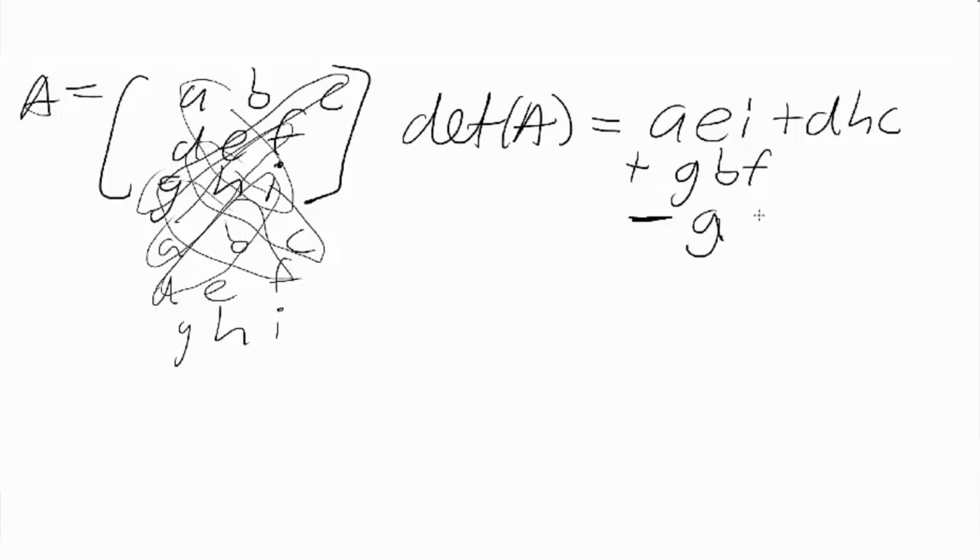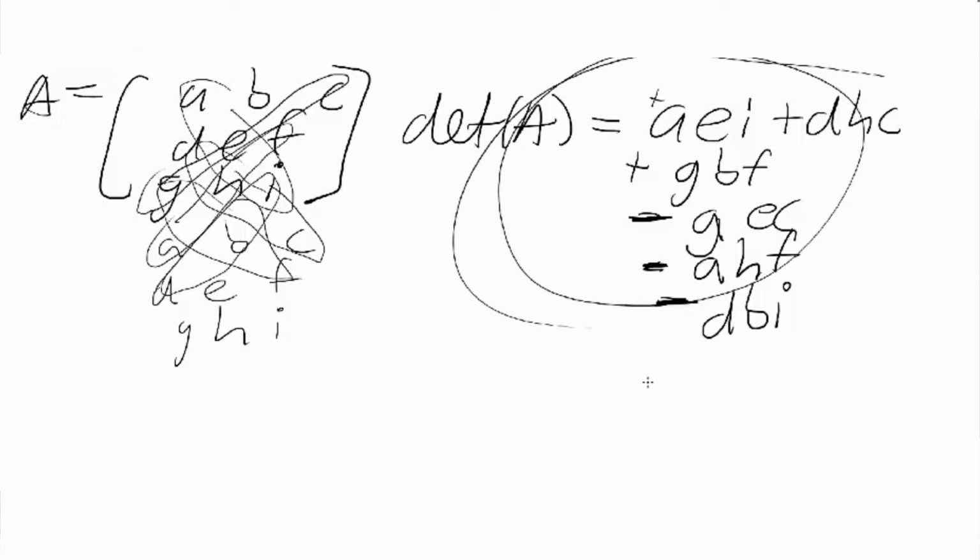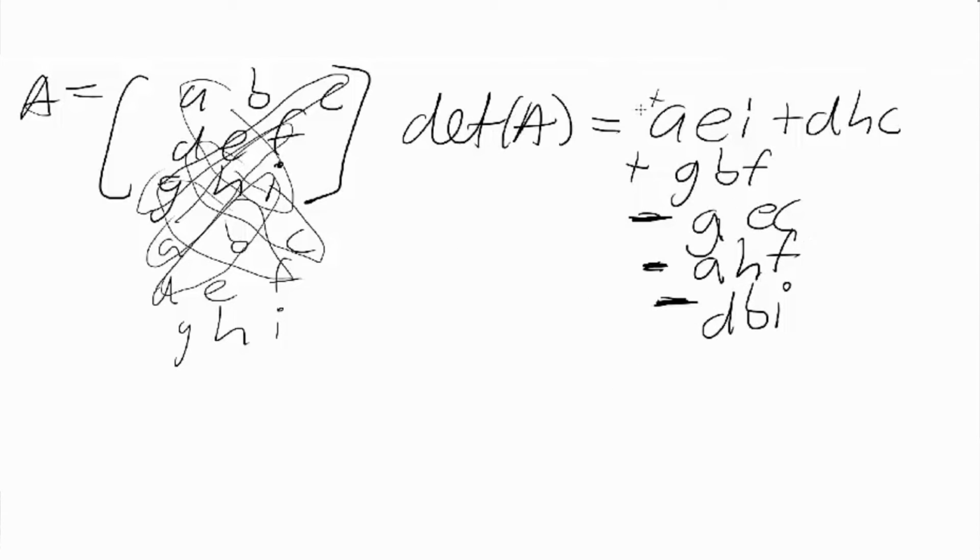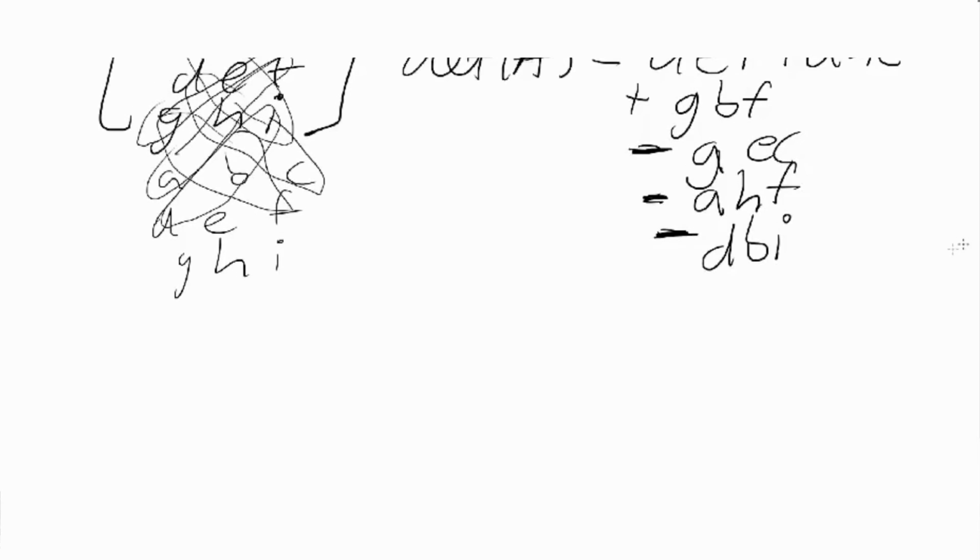That'll be GEC minus AHF minus DBI. So the last 3 are minus, and the first 3 are positive. And yeah, you can get the determinant just by doing these simple operations. So watch out for that.